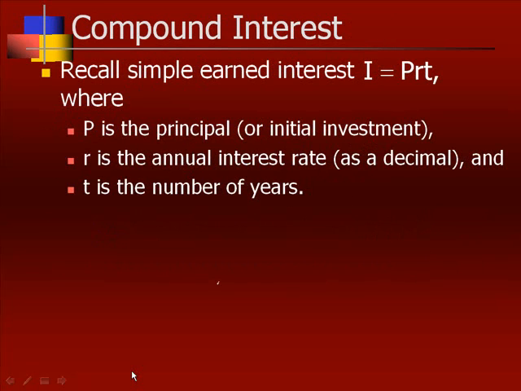Now, in terms of applications, recall your simple interest formula. I equals PRT, which means principal times the rate times the time, where P is the principal or the initial investment, R is the annual interest rate written as a decimal, and T is the number of years.